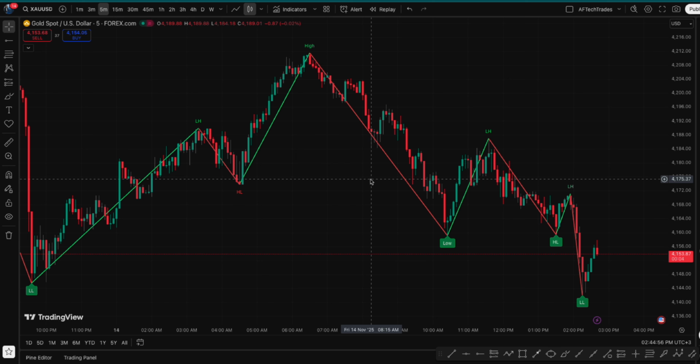Scalpers also use it, but the win rate on the lower time frame should be around maybe 50 to 60%. On the higher time frame, the win rate should be around 80 to 85%.